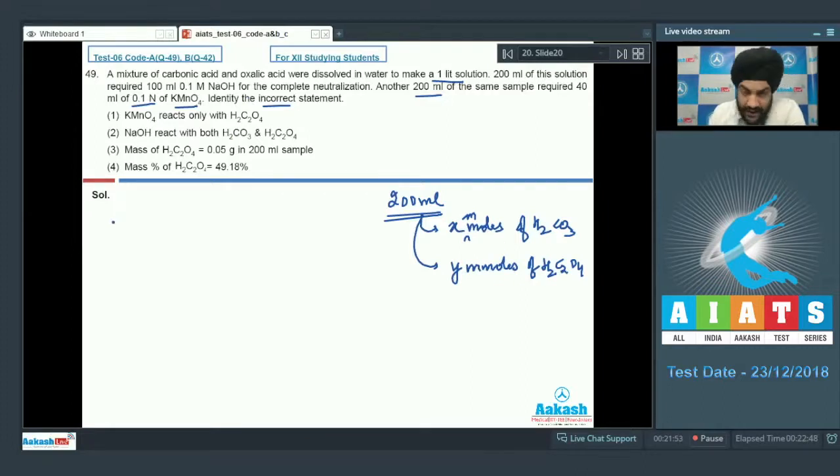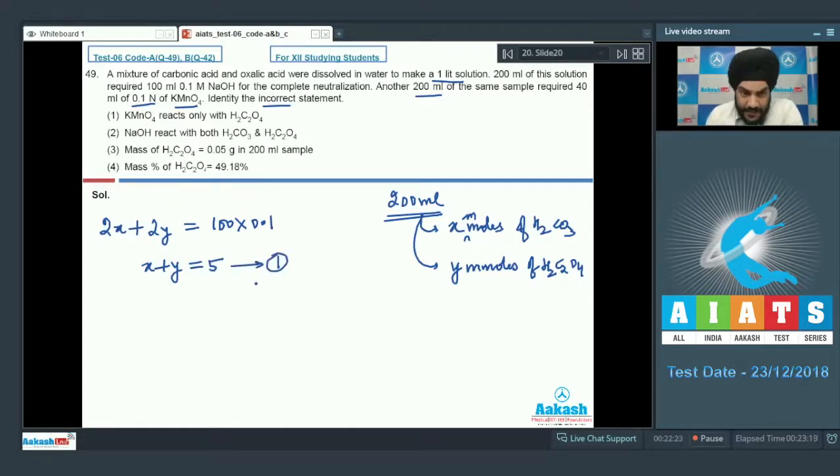So we have the meqs of NaOH equal to meqs of H2CO3 plus meqs of H2C2O4. So we have 2 into X plus 2 into Y is equal to 100 into 0.1. This can be simplified to give us a value of X plus Y equal to 5.